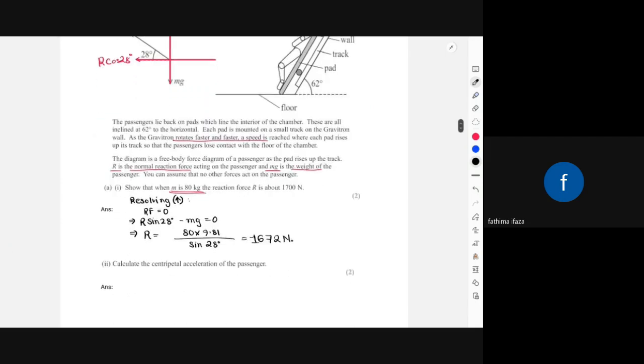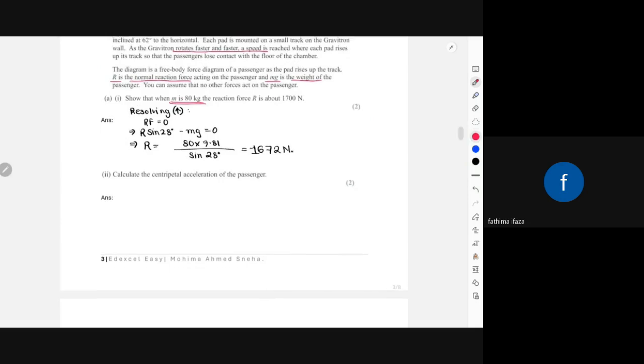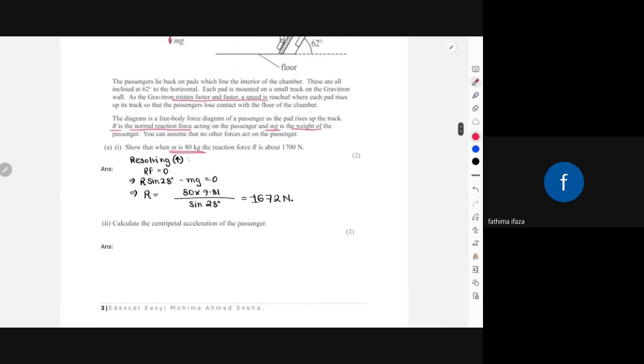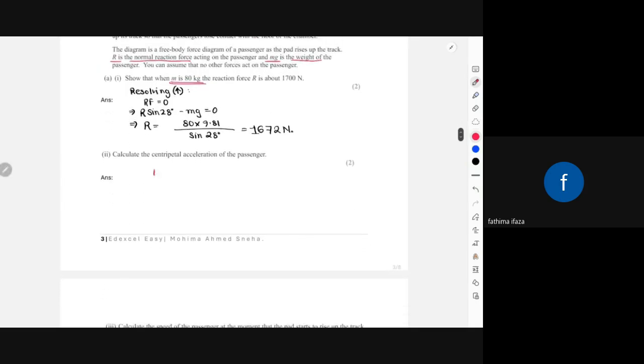I already have the mass available, so it's easy for me to calculate the centripetal acceleration. With that centripetal acceleration, is there anything else we can use? One minute. No, I cannot use anything. Let's just use the basic format, which is what?